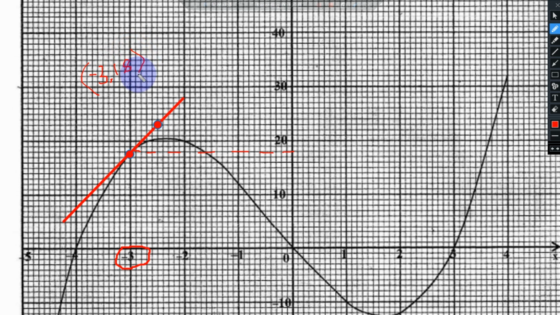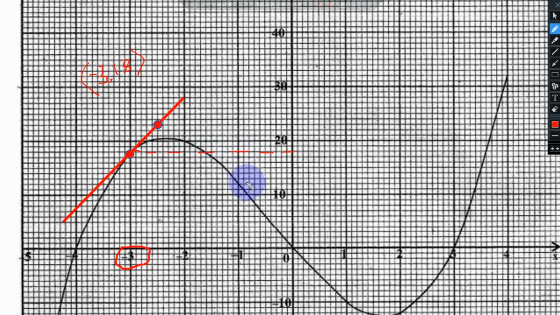This second method we are using will require us to use the gradient formula, where we say change in y over change in x. So that is why we are getting those coordinates. Now, what is the follow-up step? The next thing you're going to do is to pick another point within your tangent line. Don't get a point in the curve.